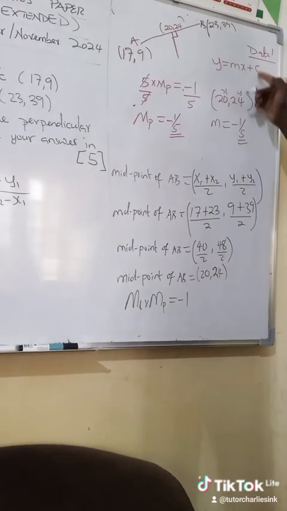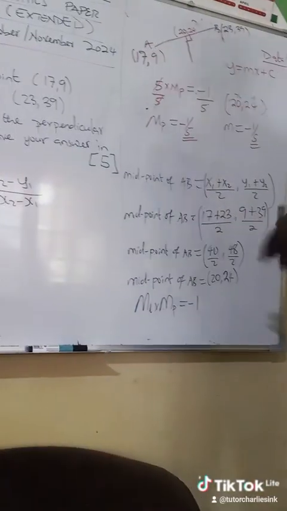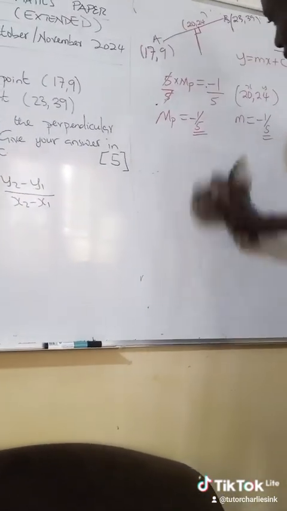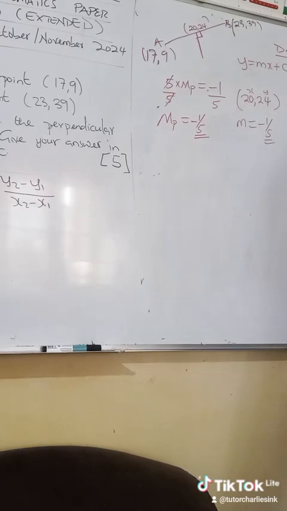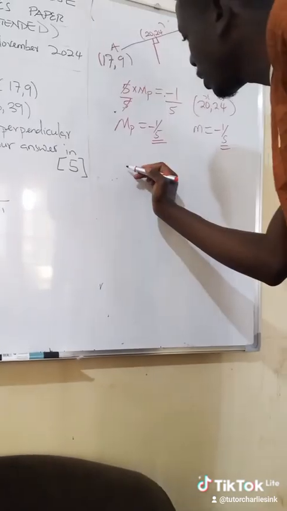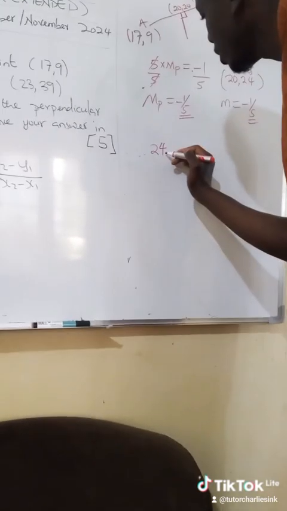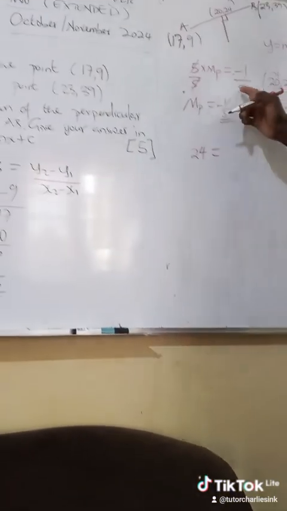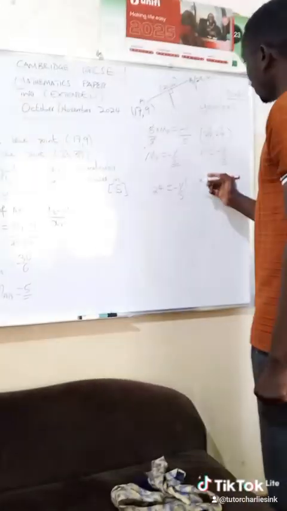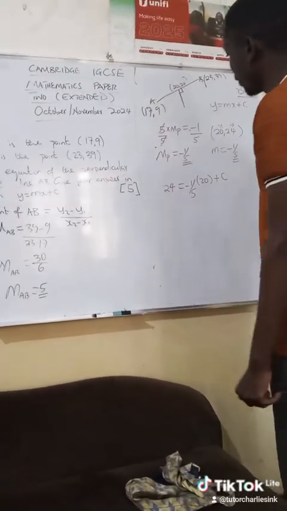Then I have to find the value of the constant c. So where there is y, I'll put 24, is equal to my m, negative 1 over 5, my x coordinate is 20, then plus c.